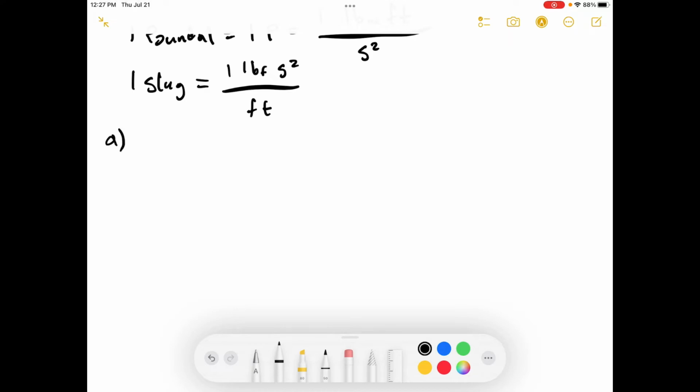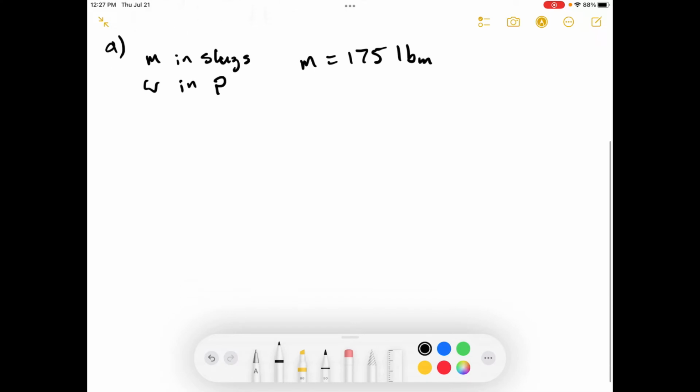We need to calculate M in slugs, and the weight in poundals of a mass that is 175 pounds mass. Okay?